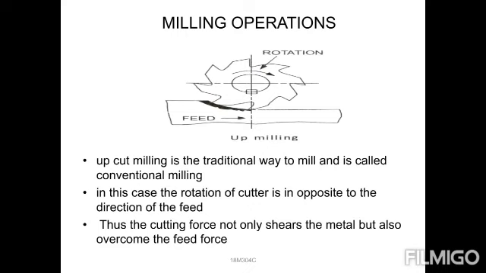That is the main thing. In up milling, the feeding is always in the opposite direction to the rotation of the cutter. The cutter has a number of sharp edges, and material is removed. Up milling is the traditional milling, which we can call conventional milling.